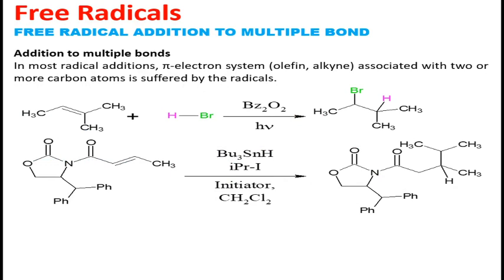We have to also study the next reaction, free radical addition to the multiple bonds. Radicals undergo addition to pi electron systems like olefin and alkyne, but you will observe that addition to the carbon-carbon double bond is more common.